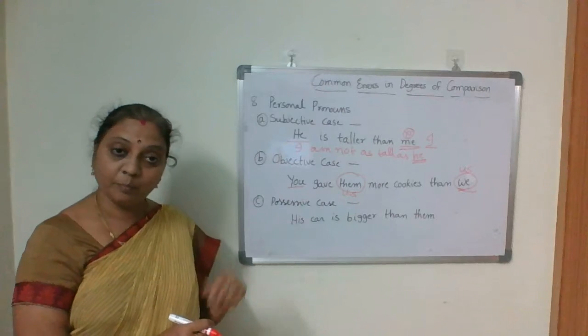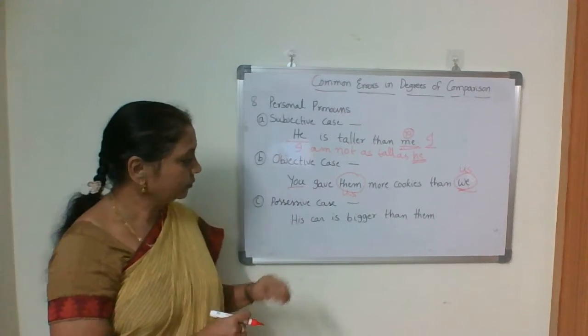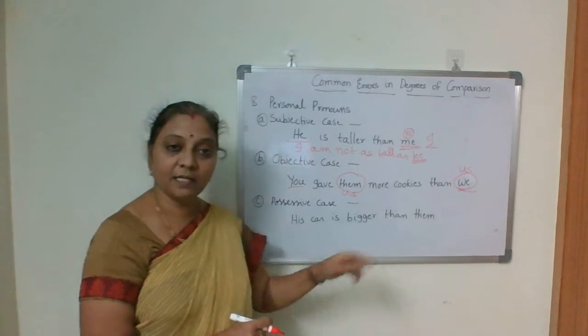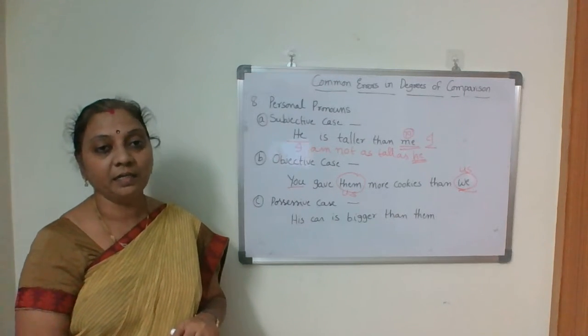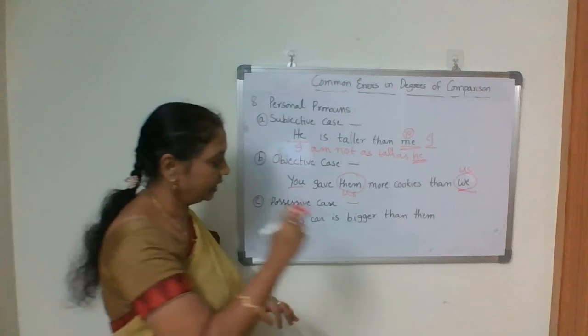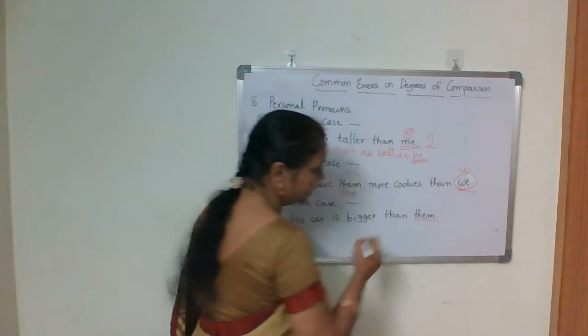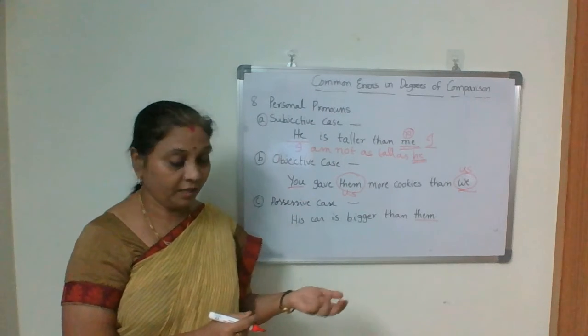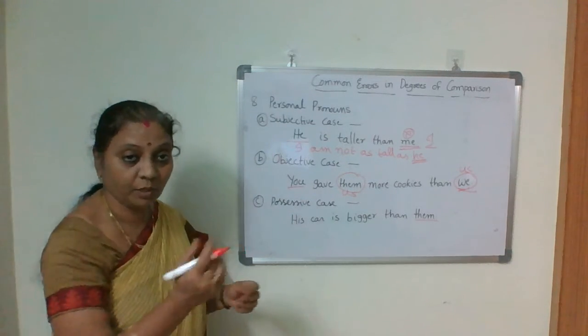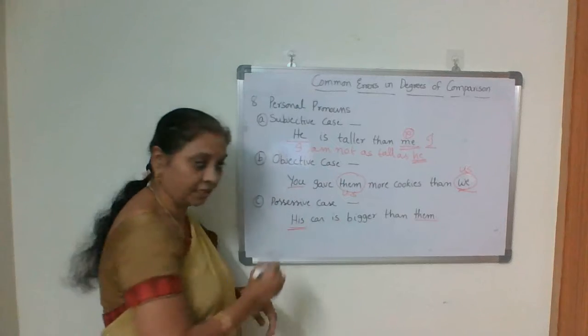The third one is the possessive case, isn't it? His car is bigger than them. If you say it like that, what is this them? Them is the objective form of they. And in his car, you are talking about possession, his.